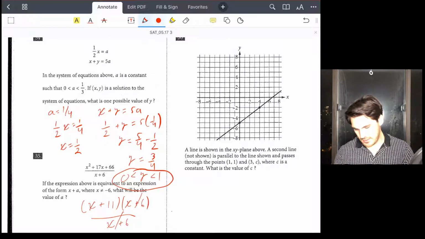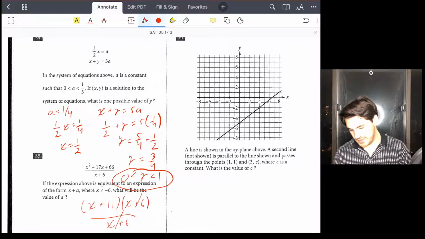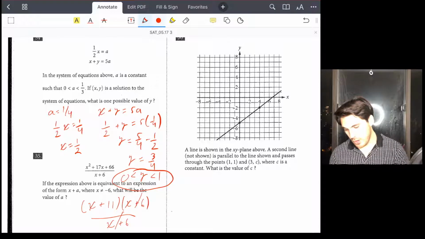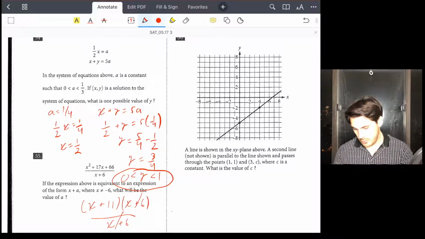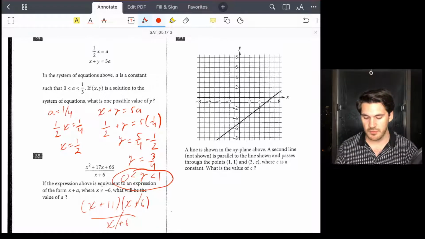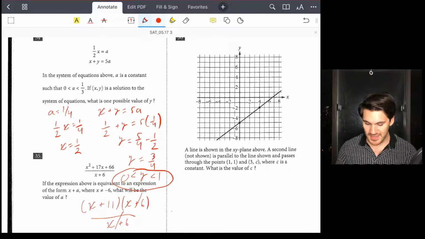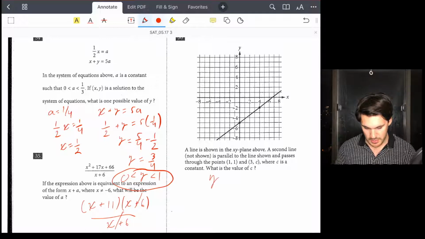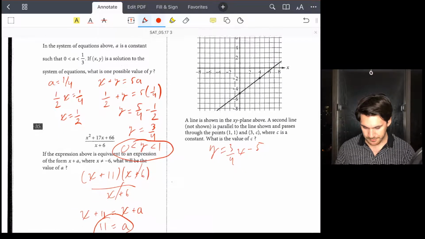36 is a slightly annoying one. We want to know the value of c when the second line is drawn parallel to this one. Well, let's see what we know about this line. The y-intercept is -5, and the slope, it goes up 3/4. So rise over run is 3/4. So the equation of this line is going to be y equals 3/4 x minus 5.